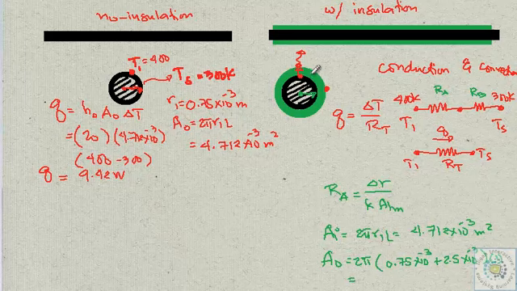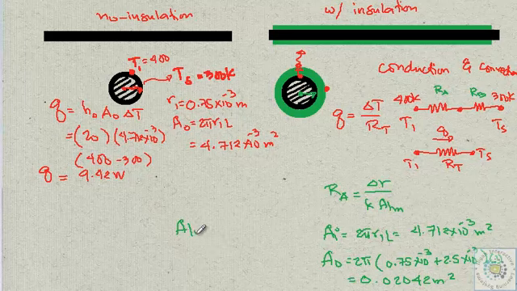Essentially, the outer area for this setup will be 0.02042 meters squared.